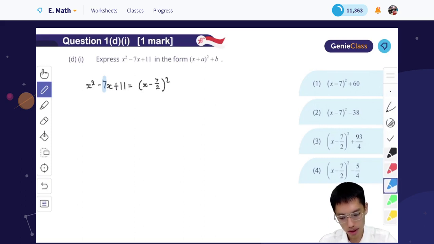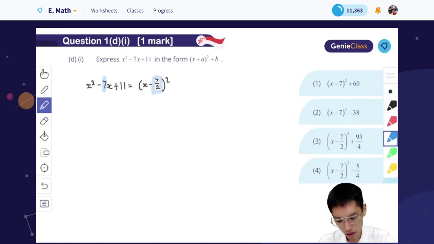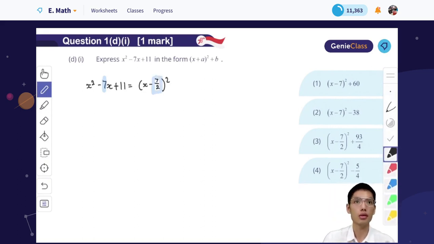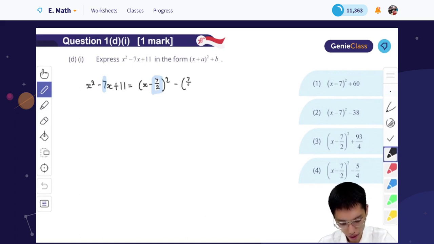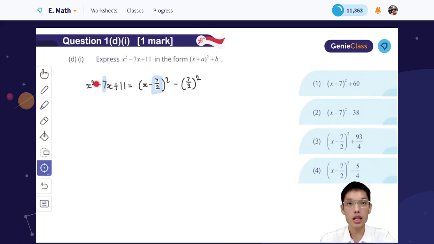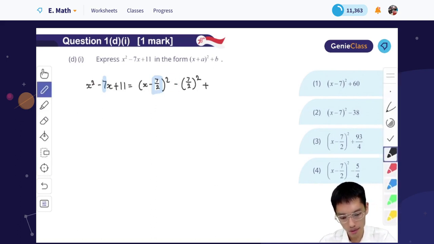So this is the result of dividing by 2. Thereafter, don't just divide by 2, you also need to subtract the square of it: minus 7 over 2 squared. This is also the case regardless of whether the sign here is minus or plus. This is always going to be a minus sign. And thereafter, leave the 11 out.